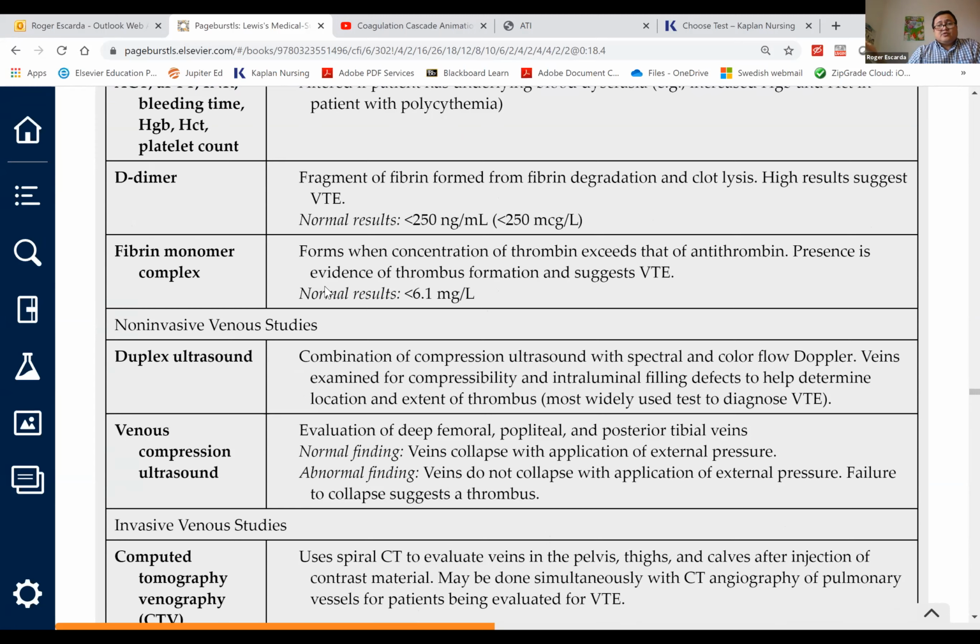Okay, you know how in movies, pilots say, do you have a visual? So this is it. Do you have a visual on the DVT? So you have to really find it in order to make a diagnosis. If it's just the leg swelling, the unilateral edema, that's just probable. Okay, so maybe, yeah, it could be a DVT, but in order to diagnose it, you have to go find it. Okay, so the only way to find it is to do an ultrasound. So they'll do a duplex ultrasound on the affected leg.